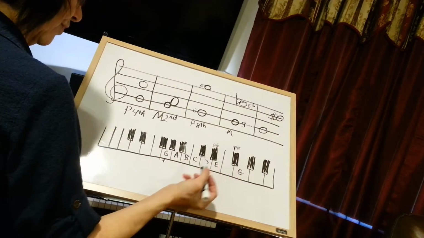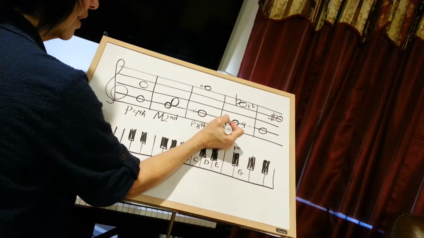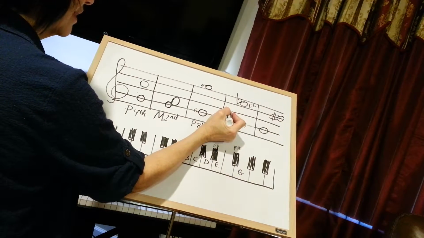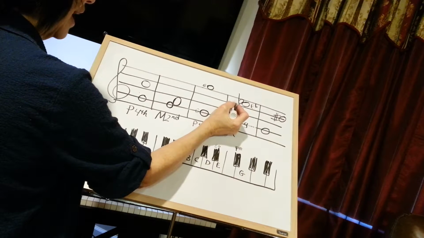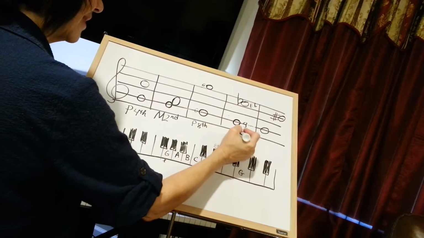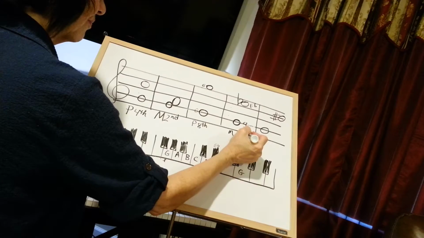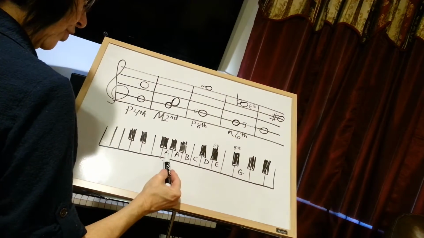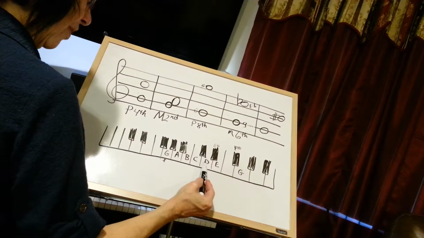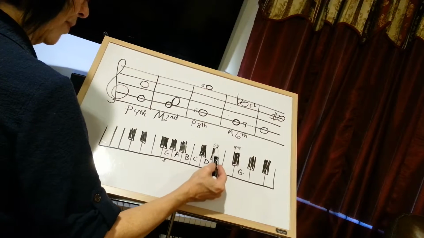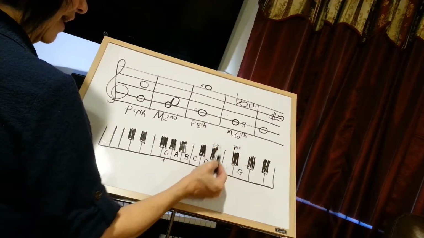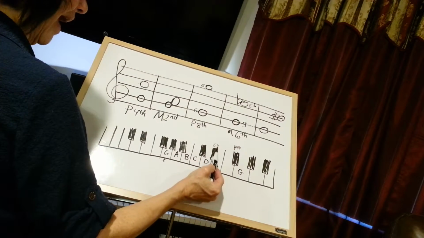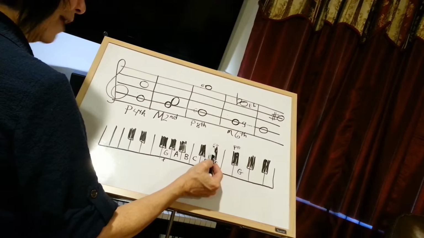And what's the interval? Line, space, line, space, line, space. Sixth. Or you could have looked down here. 1, 2, 3, 4, 5, 6. And then remember, if it's not in the scale, I have to decide what happened.